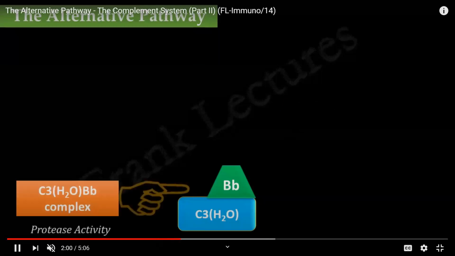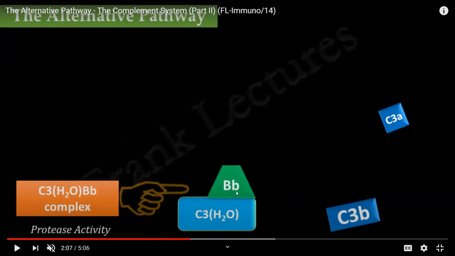Next, this whole complex formed of C3 water and Bb has protease activity. That means it has the activity to lyse protein. So what happens when a C3 protein comes and binds to this particular complex?